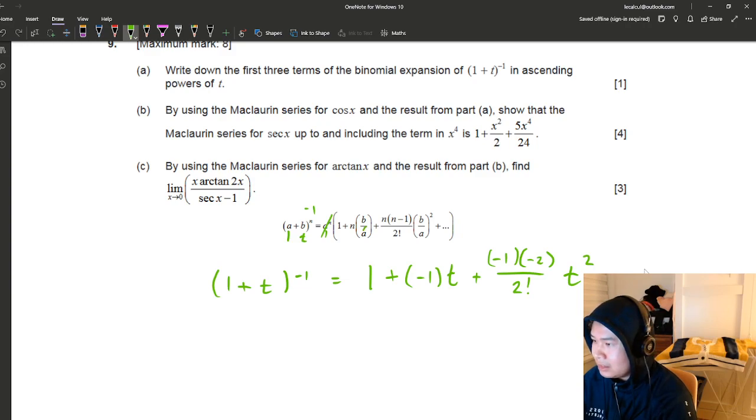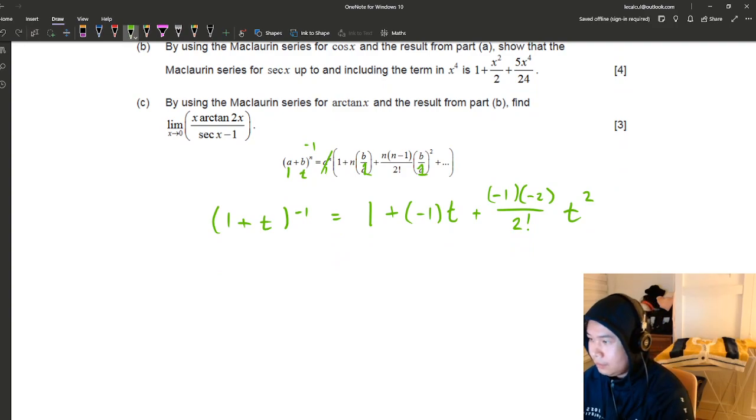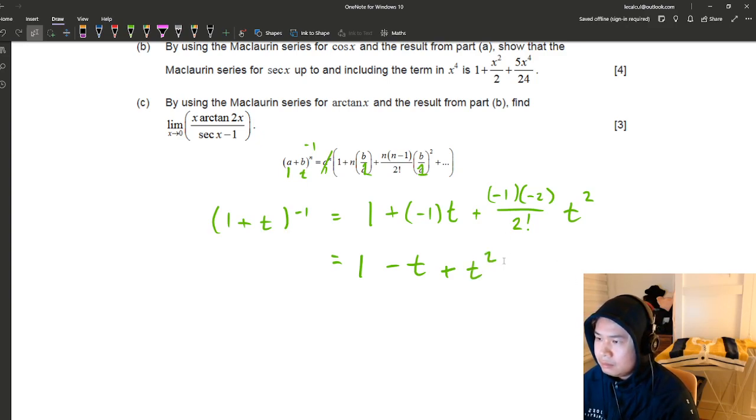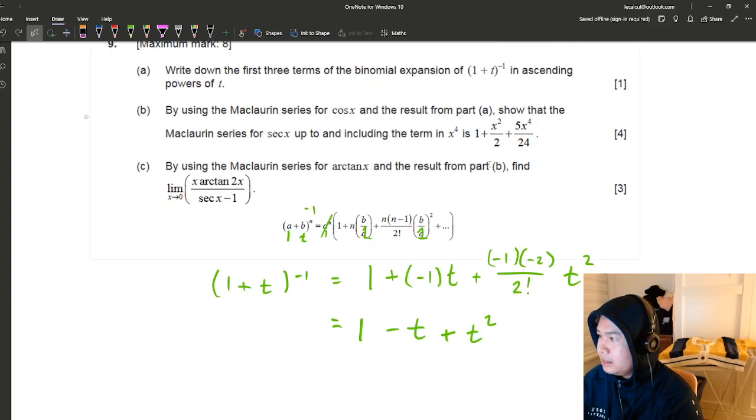And then again, all of these are just 1 because a is 1. So simplifying this, I have 1 minus t plus t squared. Positive one. Nice. Oh, that's only worth 1 mark.